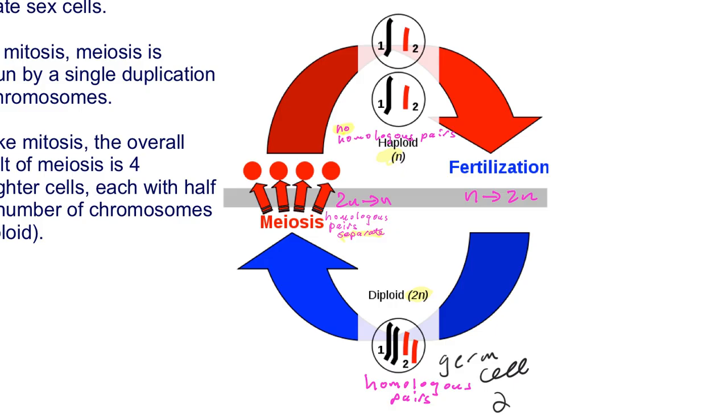You see pairs of chromosomes, homologous pairs. So the cell is diploid. Okay, so what happens during meiosis? You form 4 haploid gametes.